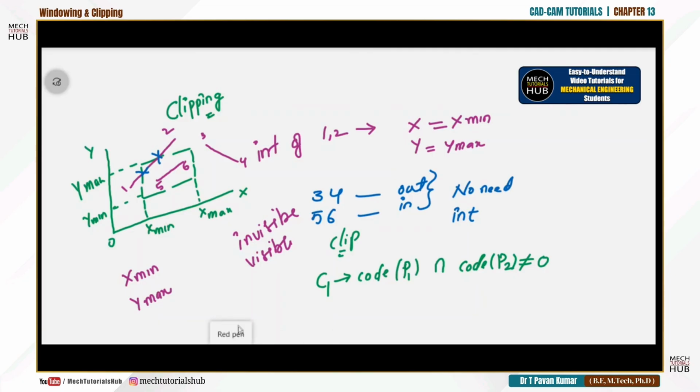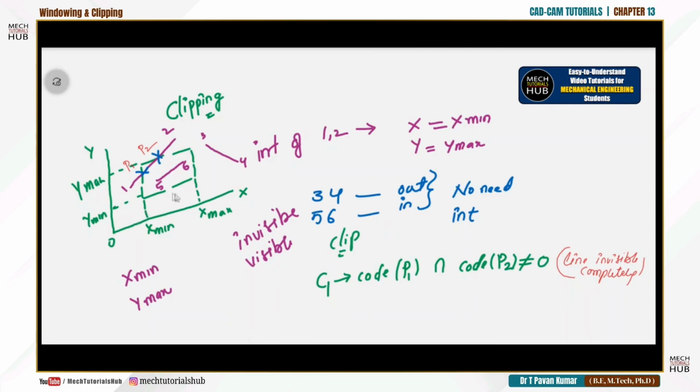Now, if code P1 intersection code P2 is not equal to 0, then whatever line you are talking about, 1, 2, that line is completely invisible.